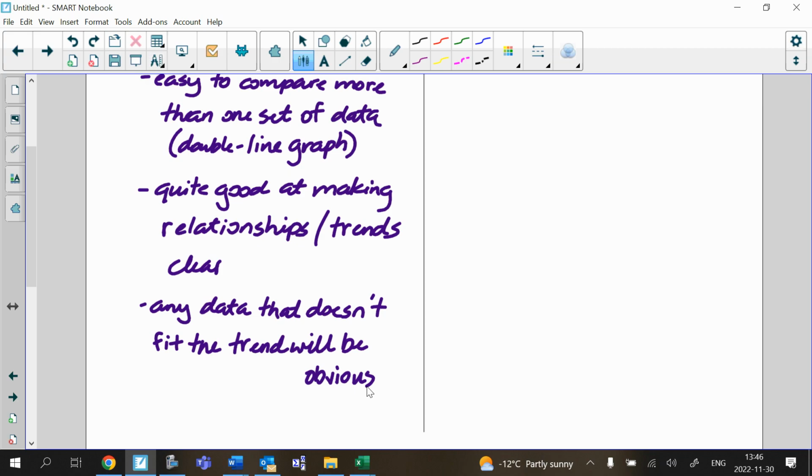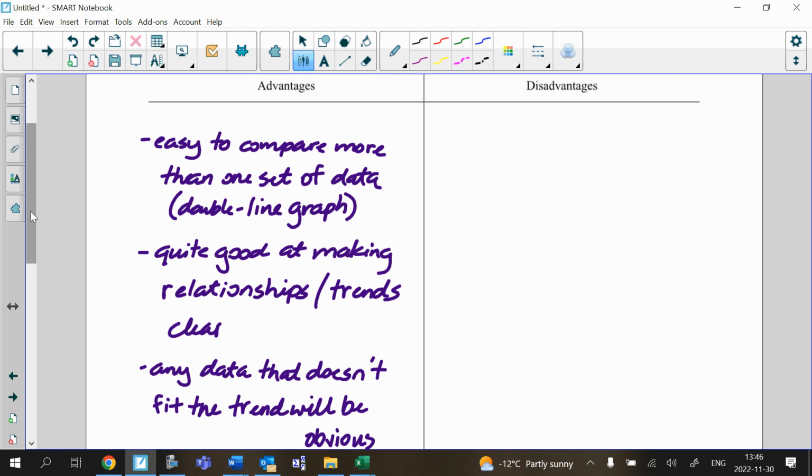Disadvantages. If the data is not a straight line, or roughly a straight line, extrapolation is difficult.